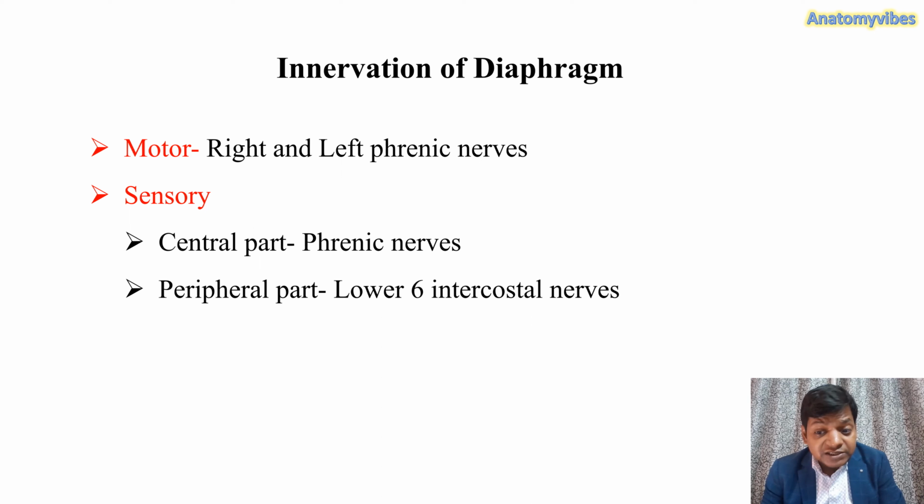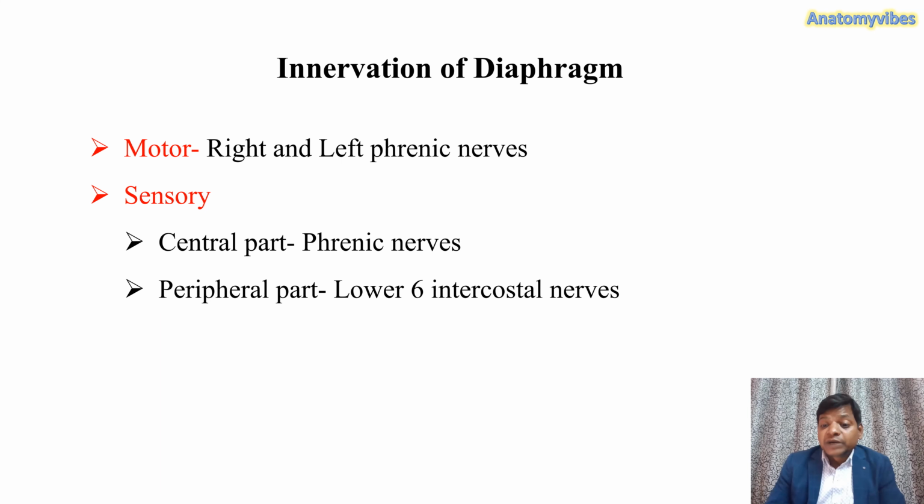So if irritation, inflammation or any disease happens to the diaphragm, the pain will go to the right shoulder if involvement is on the right side, or it can go to the left shoulder if it is on the left side. Due to the same dermatome C3, 4 and 5 over the shoulder region, referred pain due to diaphragmatic disease can be caused to the shoulder region.